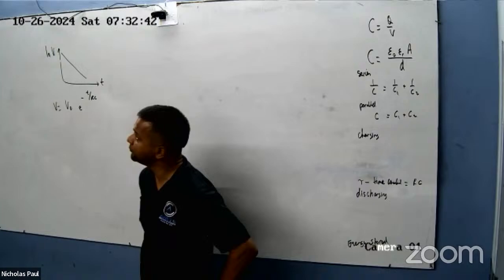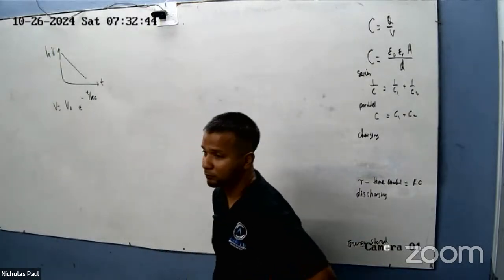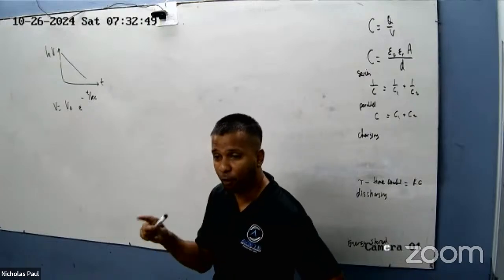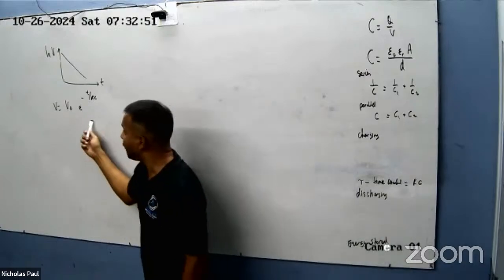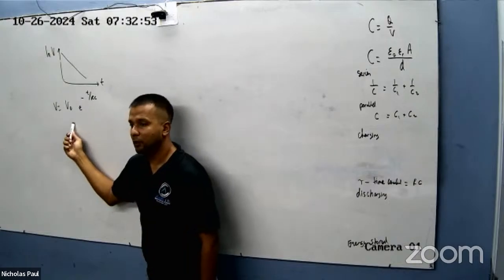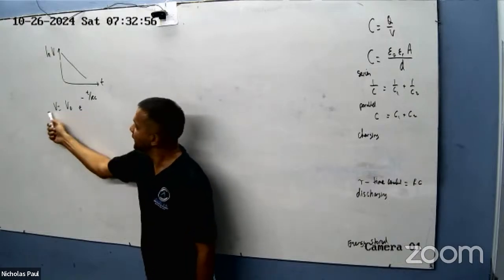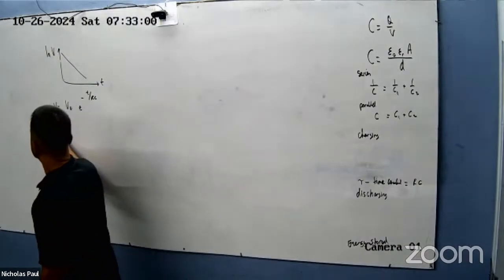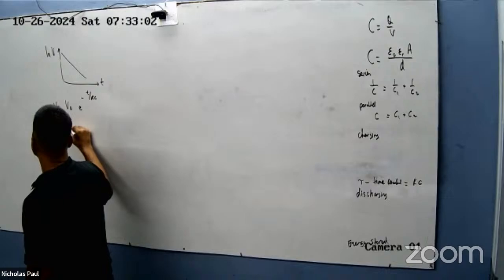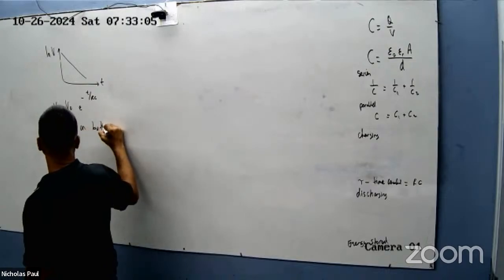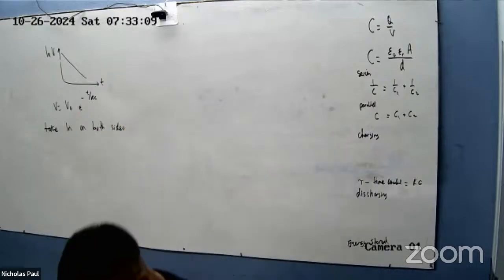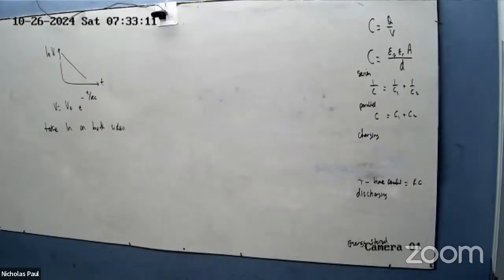What are we going to do? We use y equals mx plus c. We have to put it in that form. So how do I get ln in here? Take ln on both sides and linearize it.